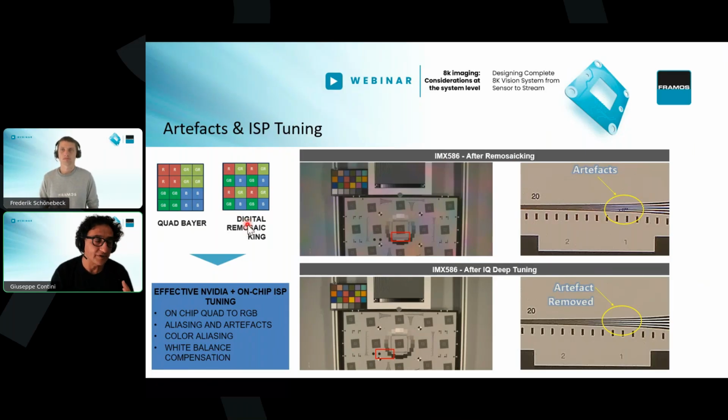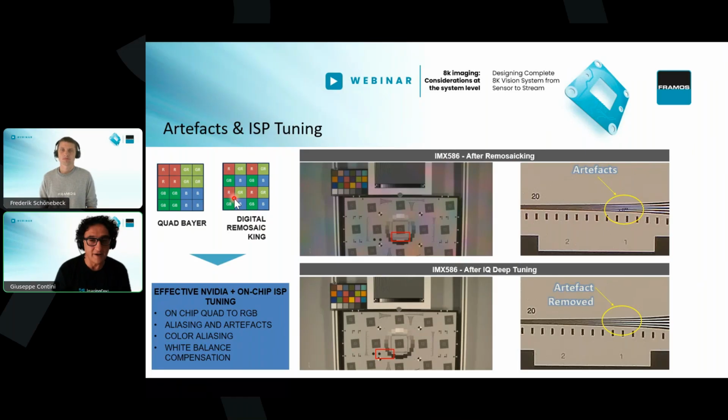Most of the time, this is maybe not on the ISP, but on the chip itself, so on the sensor, because it knows very well how to manage the signals and how the pixels are combined together. So there is a correlation of the noise, a correlation between the pixels inside the circuitry, that can be used to do a proper filtering.